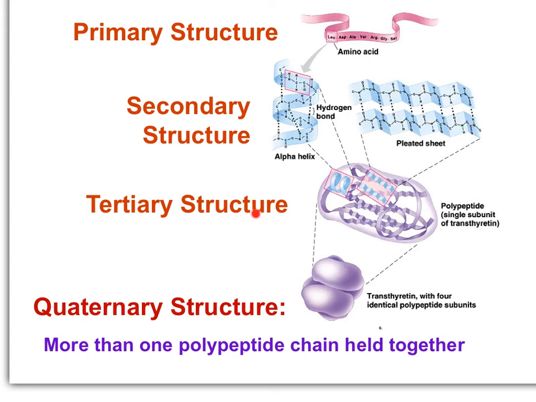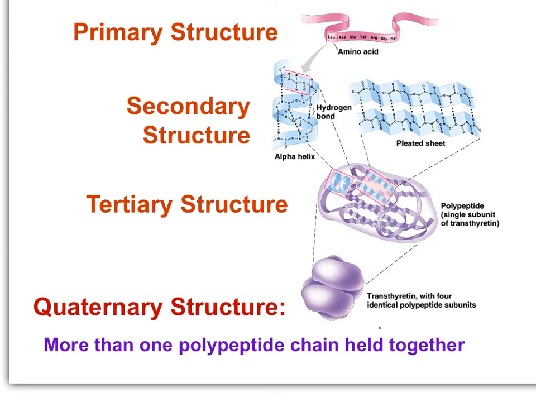The tertiary structure or 3rd level structure is a folding of the alpha helix or beta sheets back on itself. And the 4th level structure, sometimes called quaternary structure, is when more than one polypeptide come together to form the complete protein.